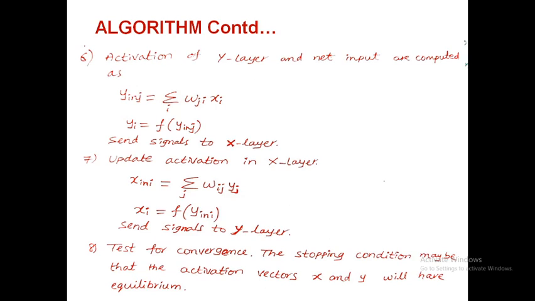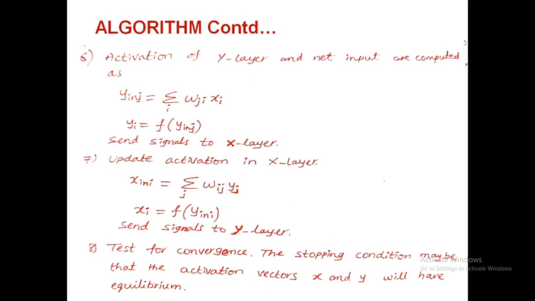So simply, it is the sum of the product of the weights and inputs. While you are processing from the Y layer to the X layer, the Y layer is the input and the X layer is the output. That's why X_in_i is the net input at the X layer. The overall output at the X layer is Xi, which is a function of the net input X_in_i.